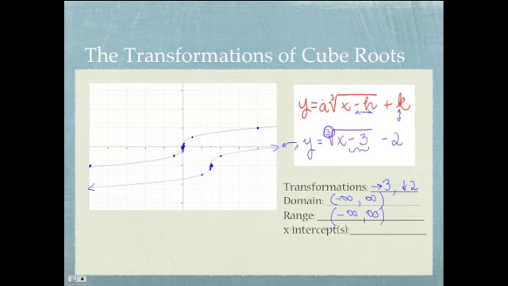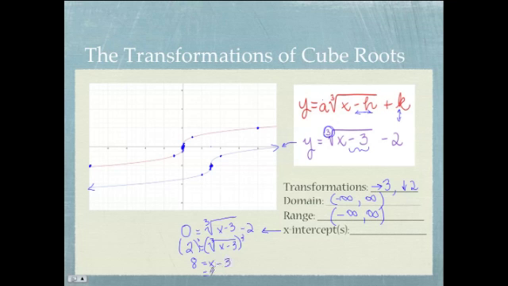And if we wanted our x-intercepts, we can find the x-intercept by letting y equal 0. So if y equaled 0 here, I can add 2 to both sides, then cube both sides to get rid of my cube root.